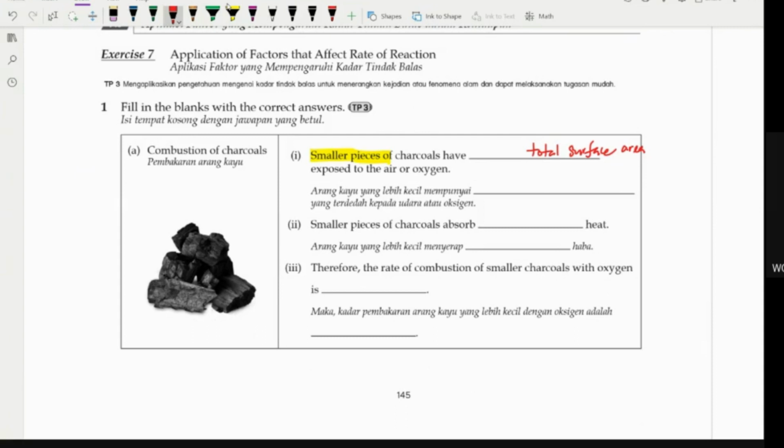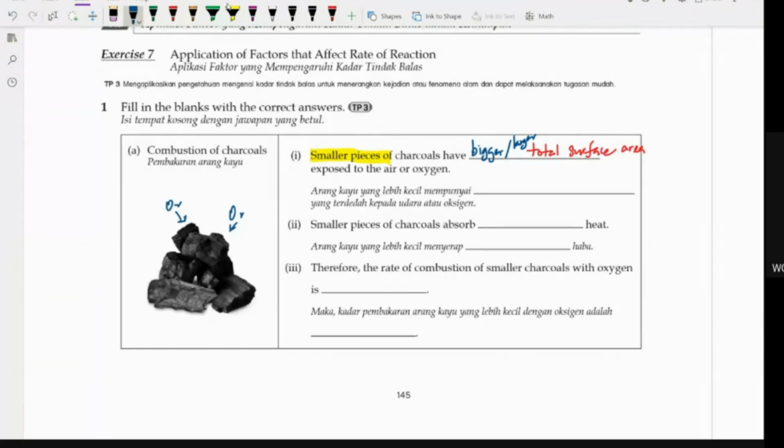It will have a bigger or larger total surface area exposed to the air or to the oxygen. So meaning that more is exposed to the oxygen, right?